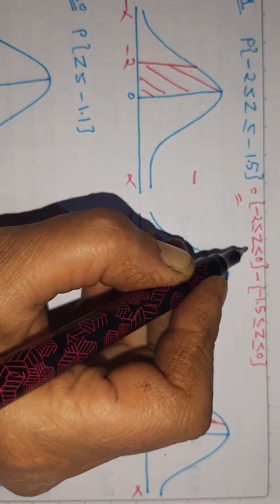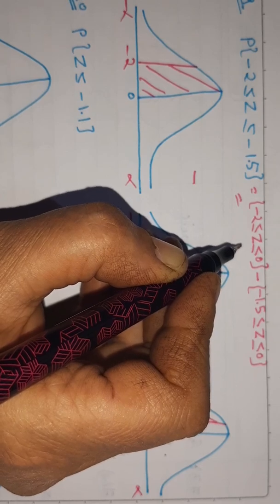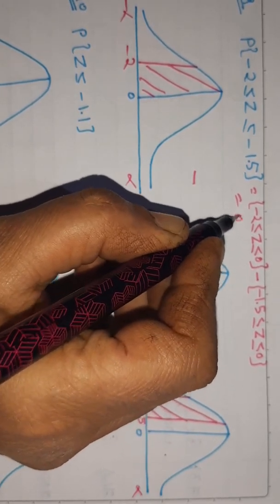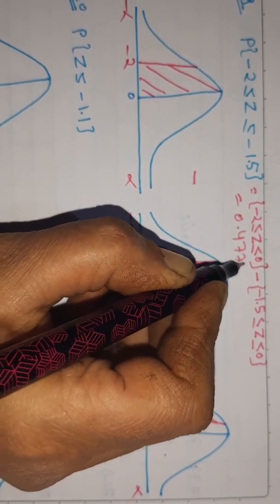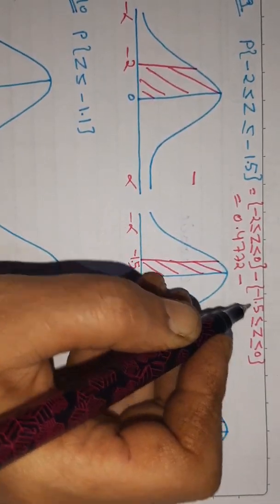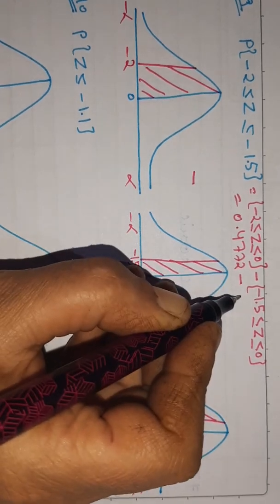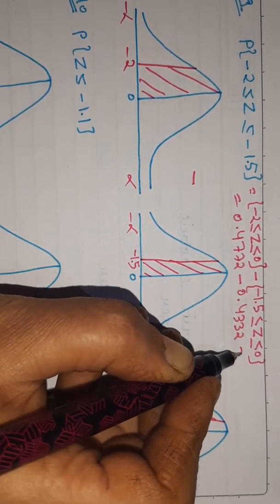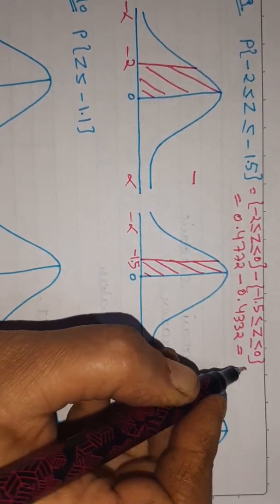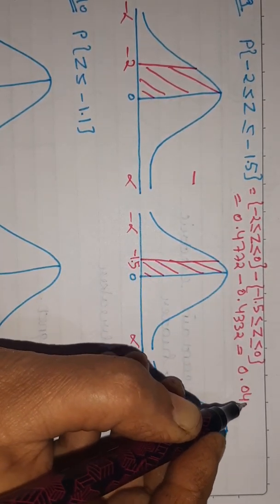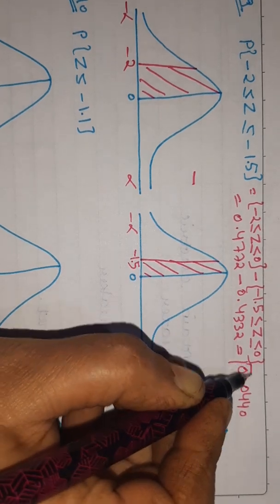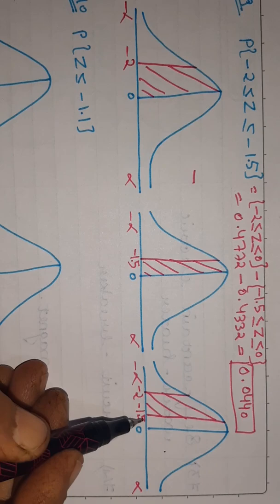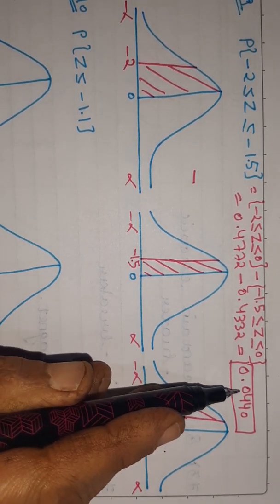The area from minus 2 to 0 is 0.4772, minus the area from minus 1.5 to 0, which is 0.4332. When you subtract this, we get 0.0440. So finally, the area between minus 2 and minus 1.5 is 0.0440.